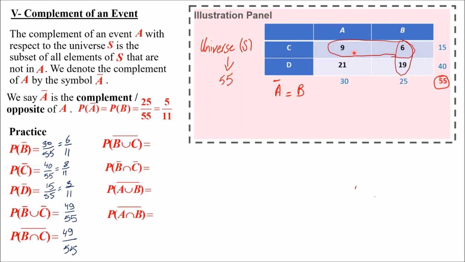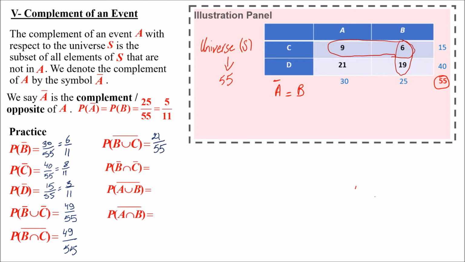If we look here, we have 9 and 6, 15, 15 and 19, 34. What's the bar of this? It's the 21 here. Therefore, the answer is 21 over 55.